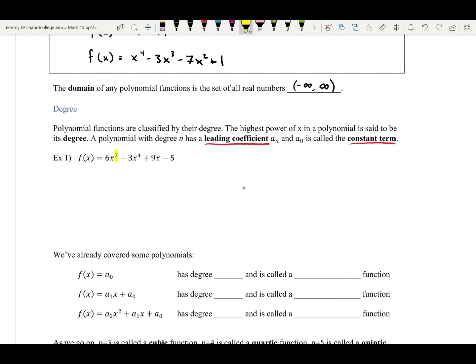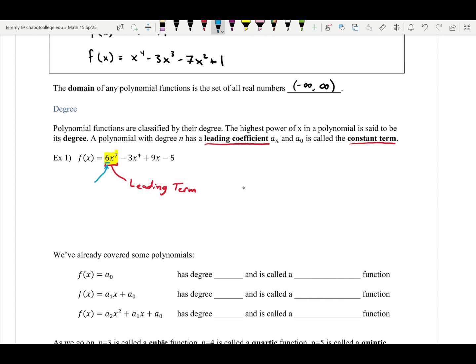So this whole thing, 6x to the 7th, is what we call the leading term, which includes the coefficient and the variable part. And then the leading coefficient is just the 6.